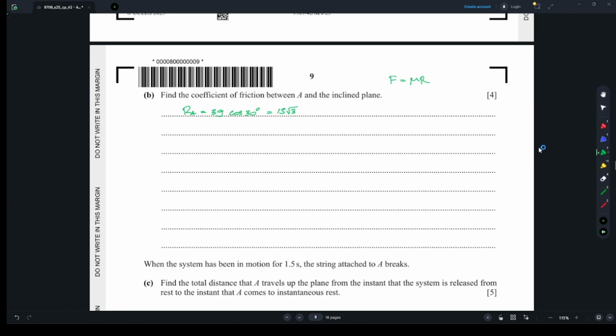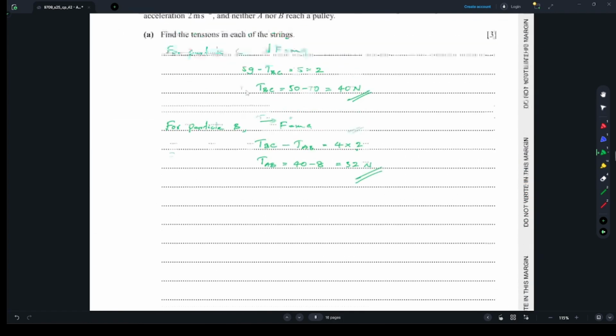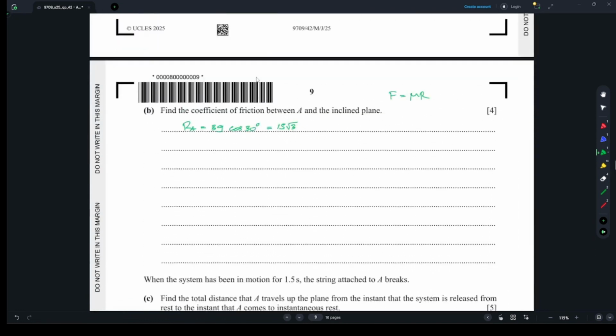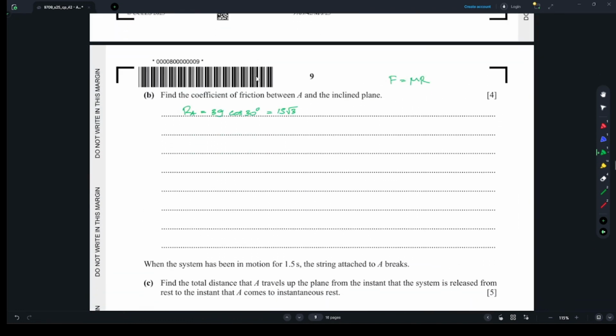And then we need to find the friction. We don't know the friction value. So we can apply F equal ma along the surface. Right? So I'm going to apply here for particle A. So parallel to the surface, I'm going to apply F equal ma.